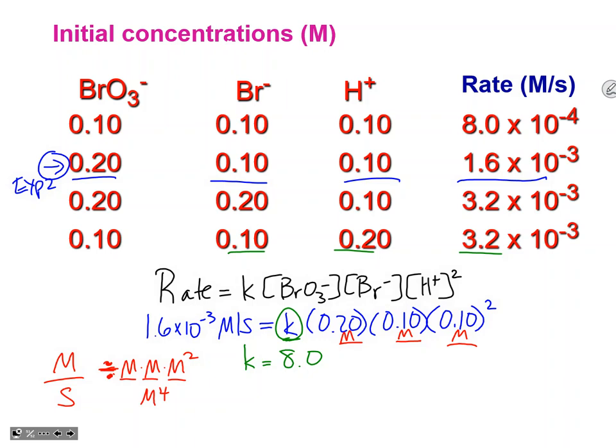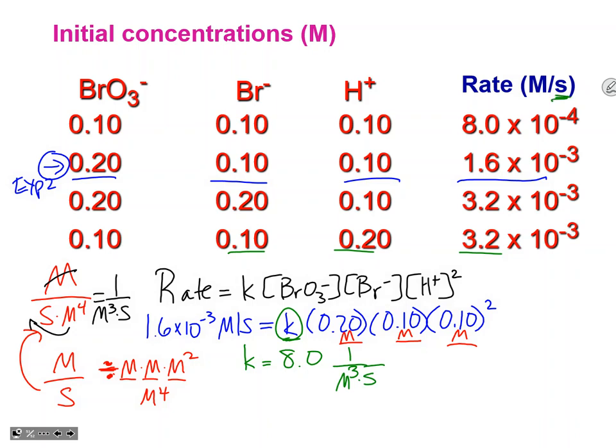So technically it's going to be M over the second times molar to the 4th. So this cancels, and what we end up with is 1 over, and technically you write the molar first, M to the 3rd times the second. So the K units end up being 1 over M to the 3rd times s, because our time unit is seconds here.